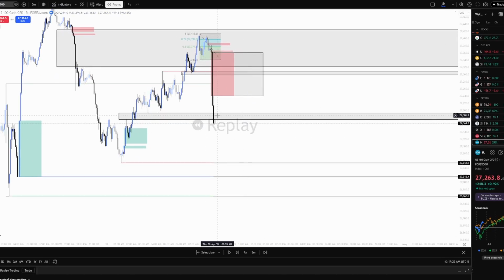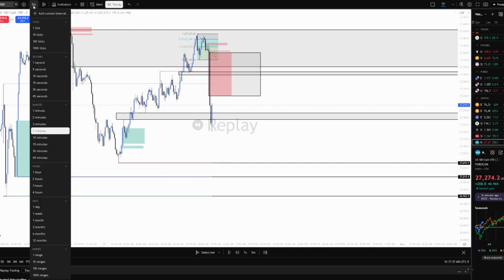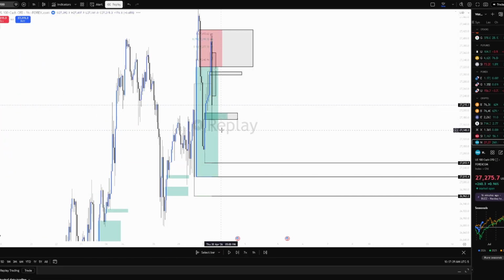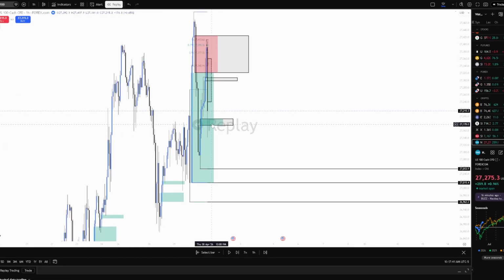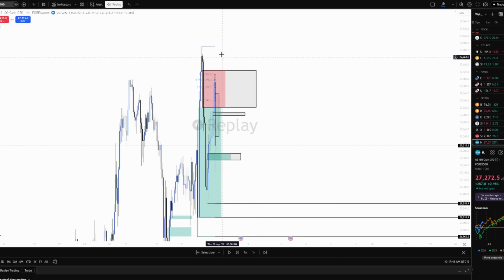So we inverse this gap on the 5-minute or the 1 hour, but it's technically not inversed because it's 8:35. And then we get a move up. So like I said, if we go to the 1 hour, it looks like this was all just retracement to move higher to these highs.